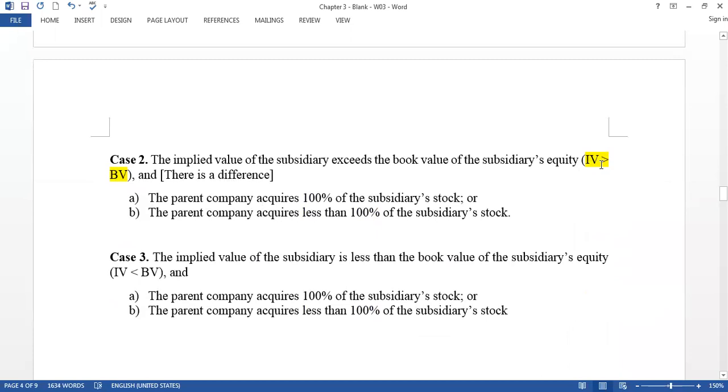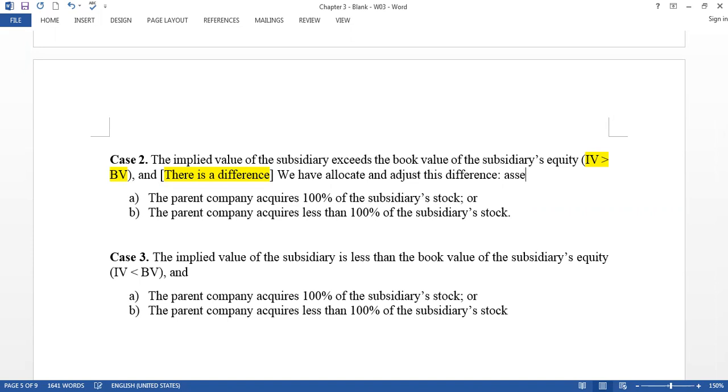So here, implied value is higher, book value is lower, there is a difference. As there is a difference, we have to allocate and adjust this difference. And the question will tell you where we are going to allocate and adjust.